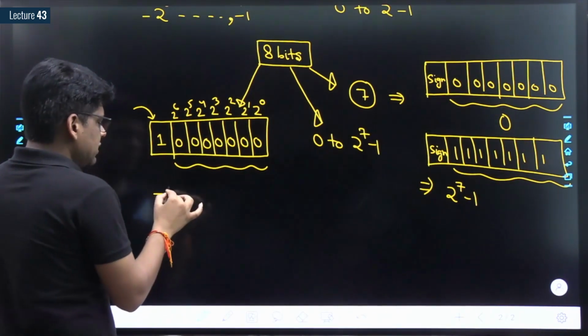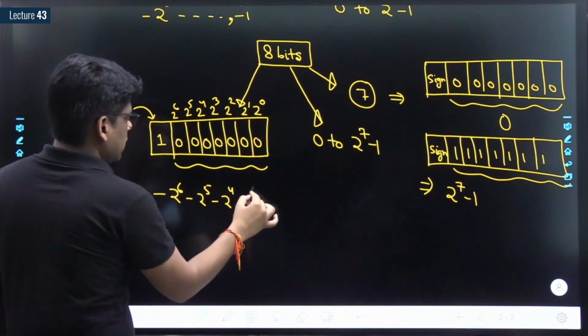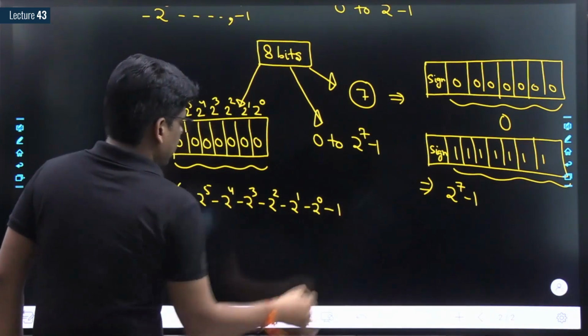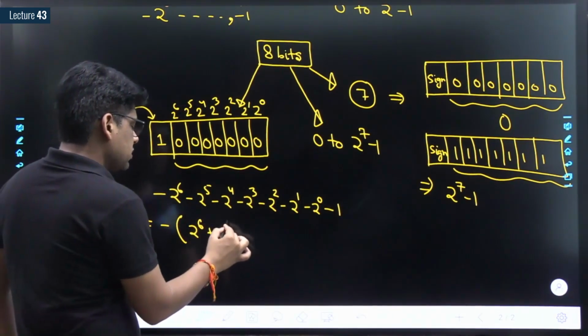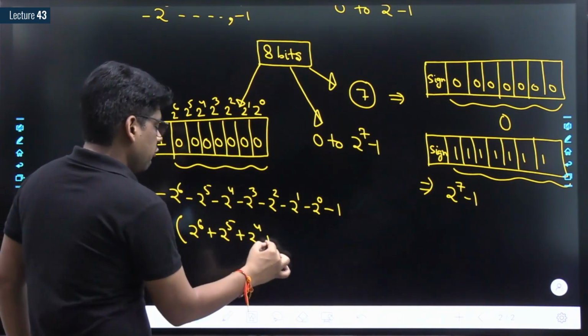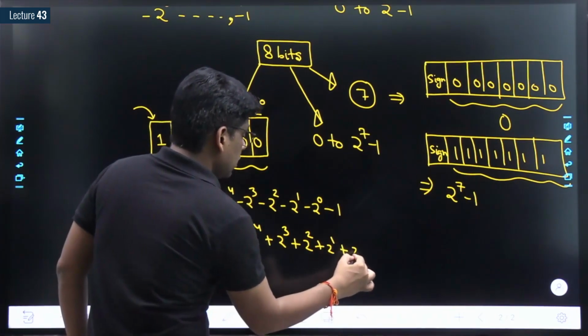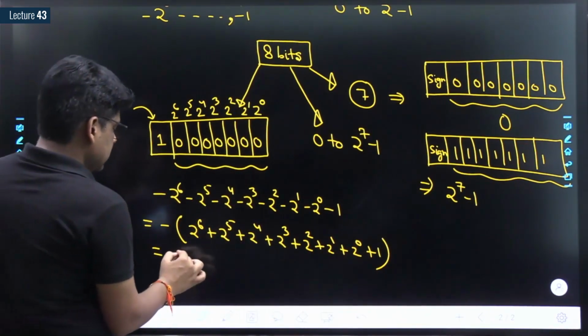One way is to focus on zeros and put an extra 1. So if you compute, it is minus of 2 to the power 6, 5, 4, 3, 2, 1, 0 and an extra 1. You can calculate it easily.